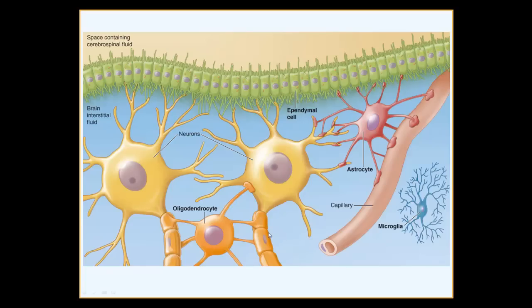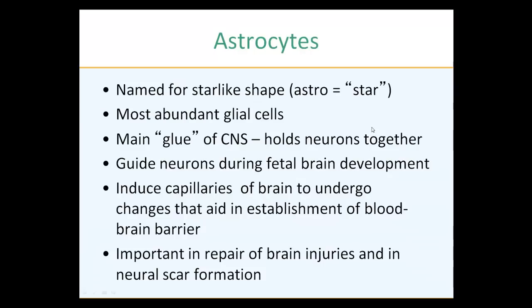The myelin sheath in the peripheral nervous system was made by cells called Schwann cells, and in the central nervous system, the myelin sheath is made by the oligodendrocytes. And finally, we have the ependymal cells, and the ependymal cells have a function in creating and circulating the cerebrospinal fluid, and we will get into each and every one of those in the next few slides.